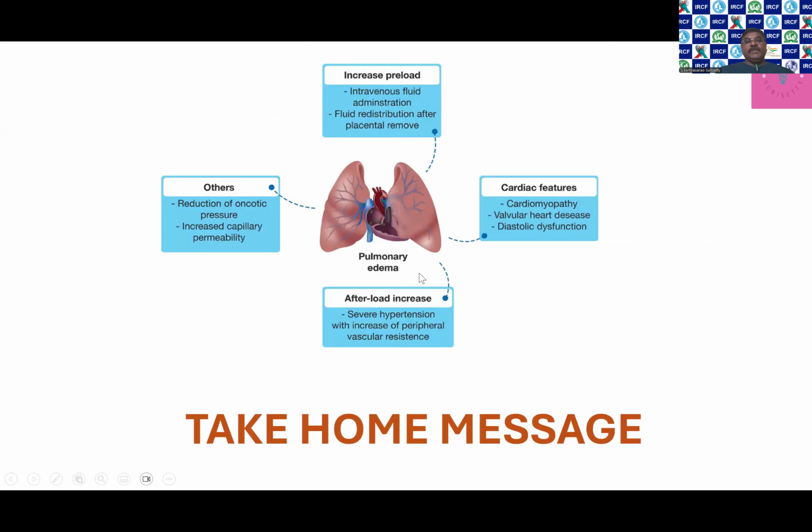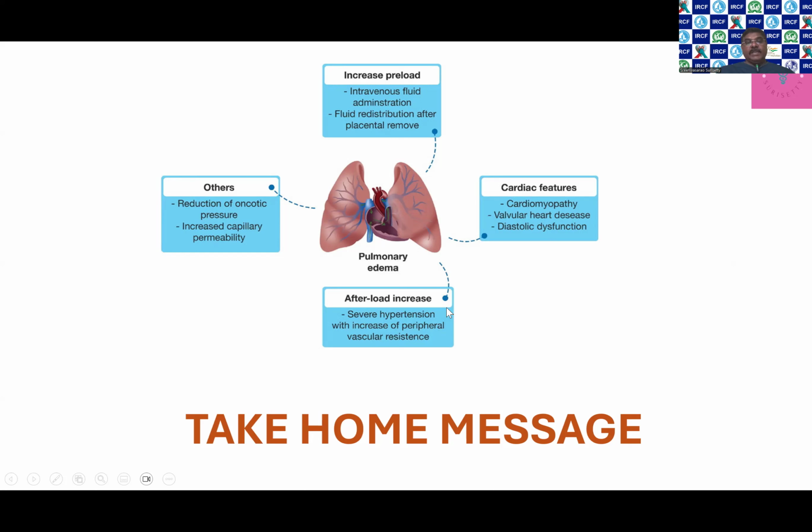So these 4 things you have to monitor and take into consideration in a pregnant patient. First, increased preload, from IV fluid administration and fluid redistribution after placenta removal. That's why we have to give furosemide here. Second, cardiac features, especially cardiomyopathy, valvular heart disease, and cardiac diastolic dysfunction; we have to be very careful.